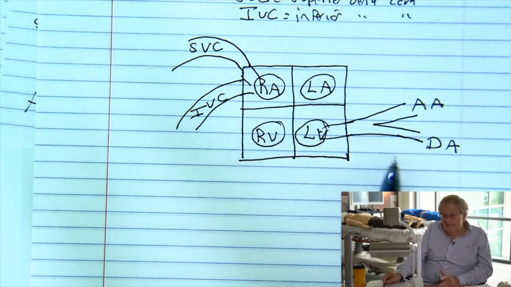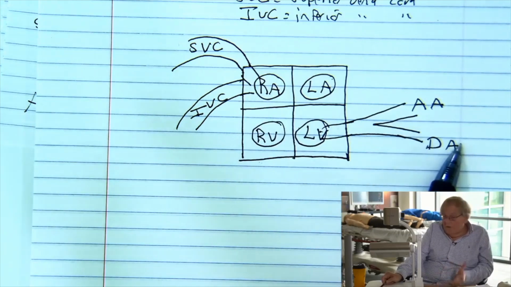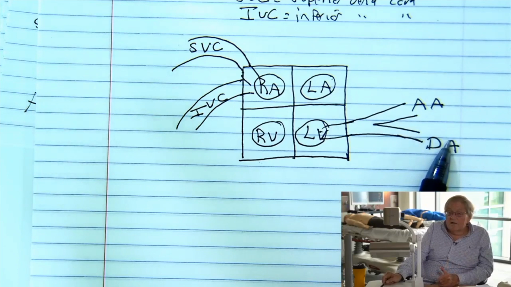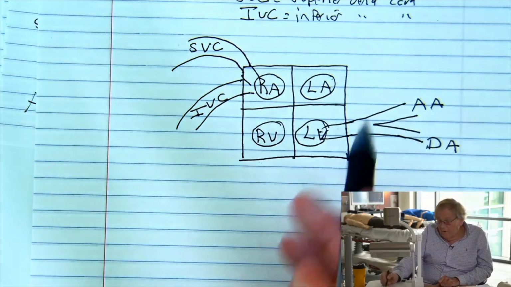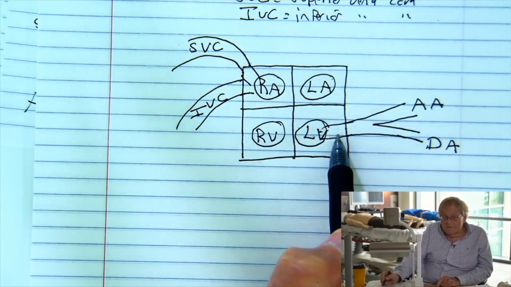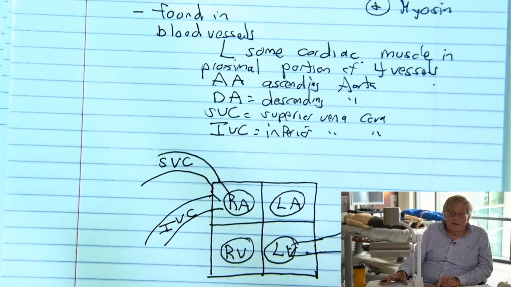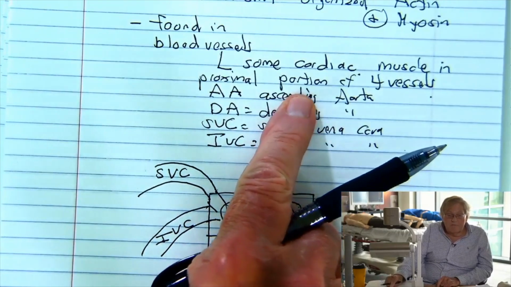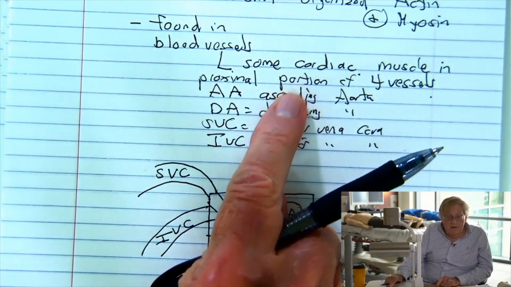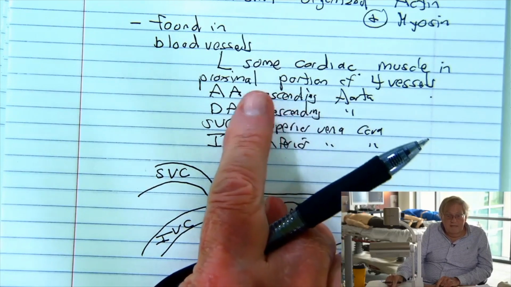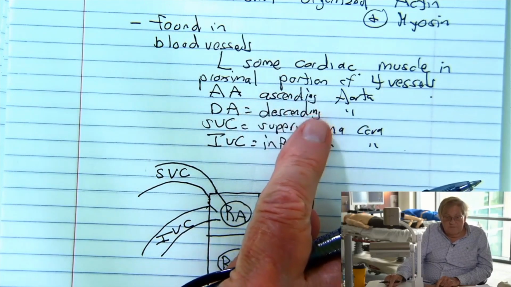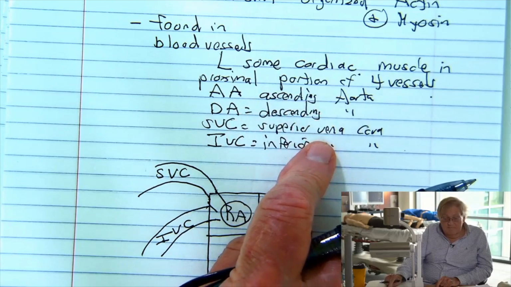I know that the ascending and descending aorta, once they get away from the heart, are going to be smooth muscle. But as they exit the heart wall, they're going to be cardiac. So that's why I say the exceptions to the rule up here are that blood vessels are smooth muscle, except the proximal portion of the AA, DA, SVC, and IVC.